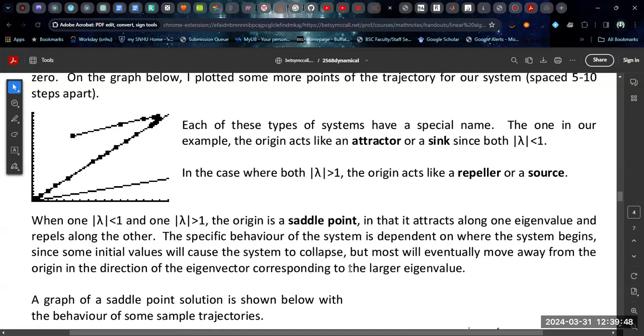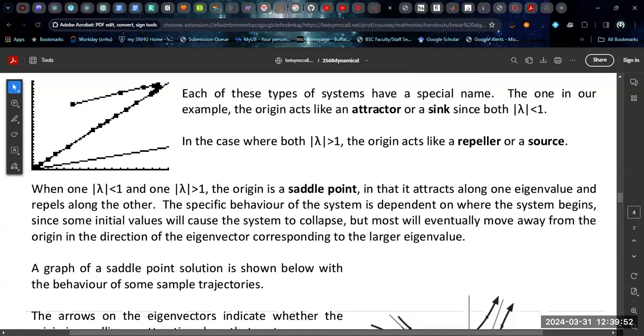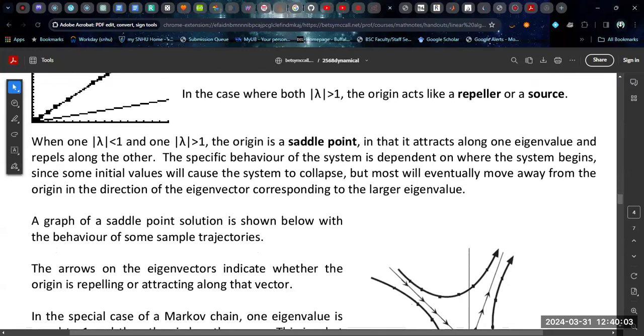And the behavior of the system will then be dependent upon the eigenvalue that is the largest. If they're both larger than 1, then the origin acts like a repeller or a source, and both of the populations will increase without bound.